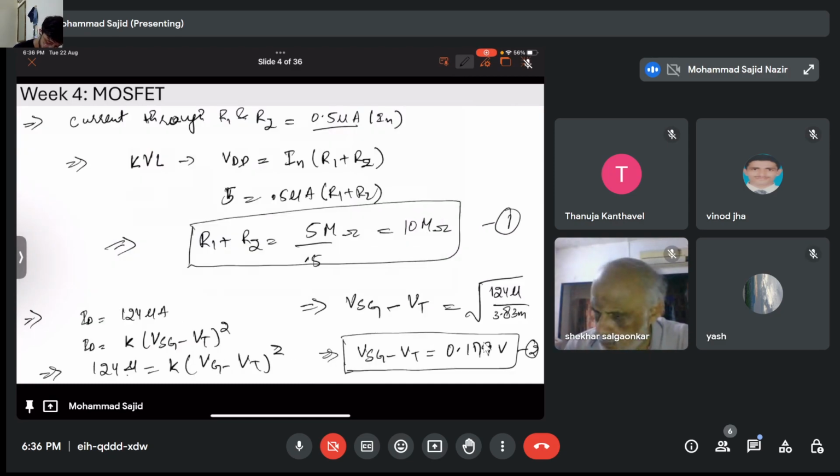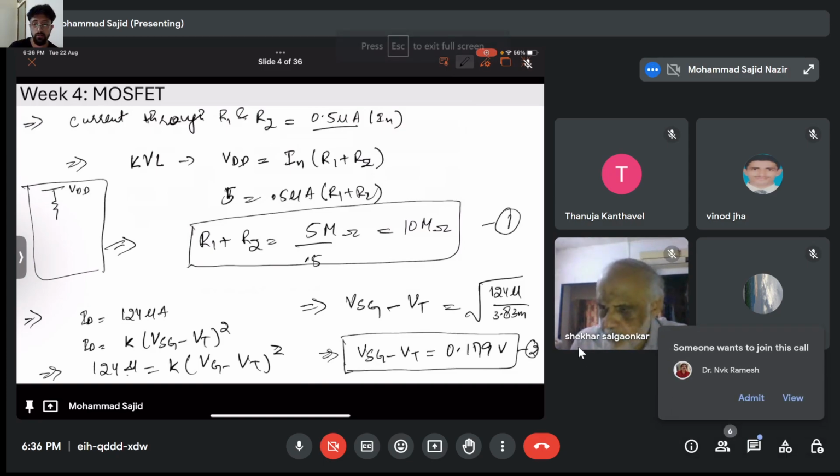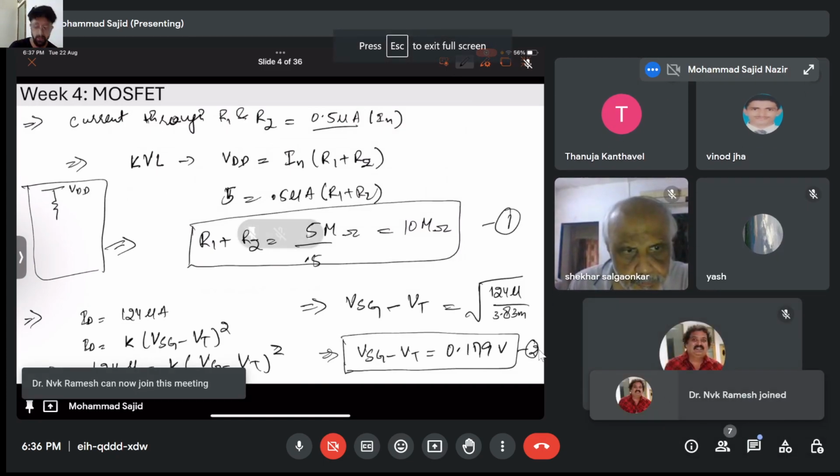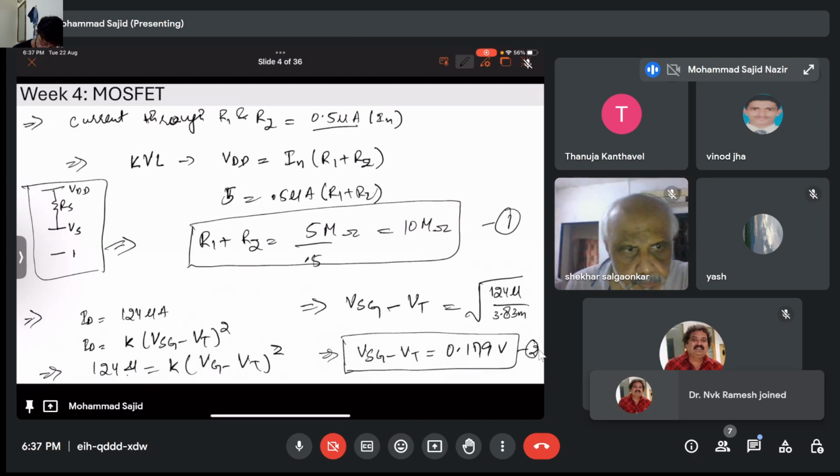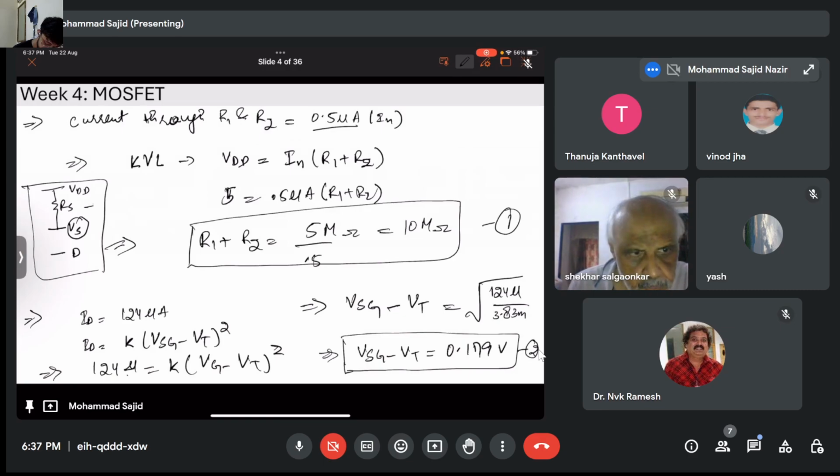Okay. So maximum current, because this is simple. Let me just draw here in this box. This is my VDD. This is my RS. And let me just draw VS. And here VD. Now, if you go on increasing the current here, if current increases, what will happen to Vs?